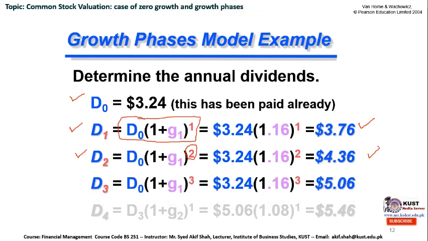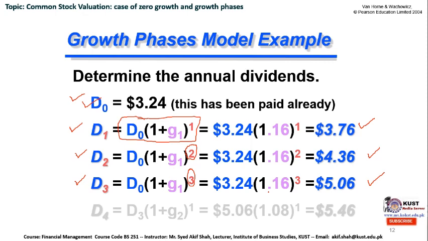Similarly for D3, a similar mechanism has been adopted. That is, D3 is equal to D0 times (1 plus G1) raised to the power 3, because this D3 is three periods apart from D0. The final value for D3 after simple mathematical calculation is $5.06.